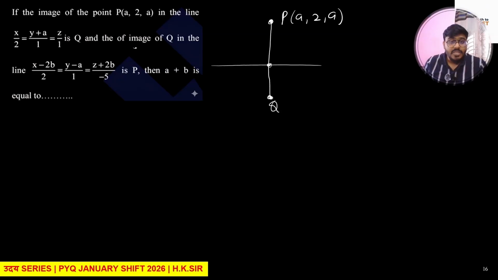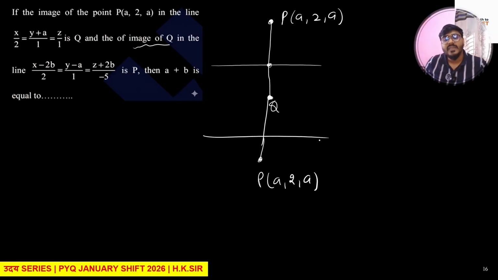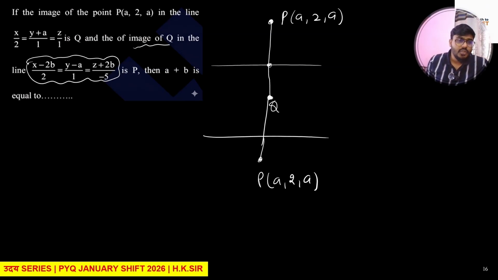And the image of Q in another line is P itself. P itself means a comma 2 comma a only. So this is the other line. I don't know this line, but here it is given that the image of point Q in this line is this one.